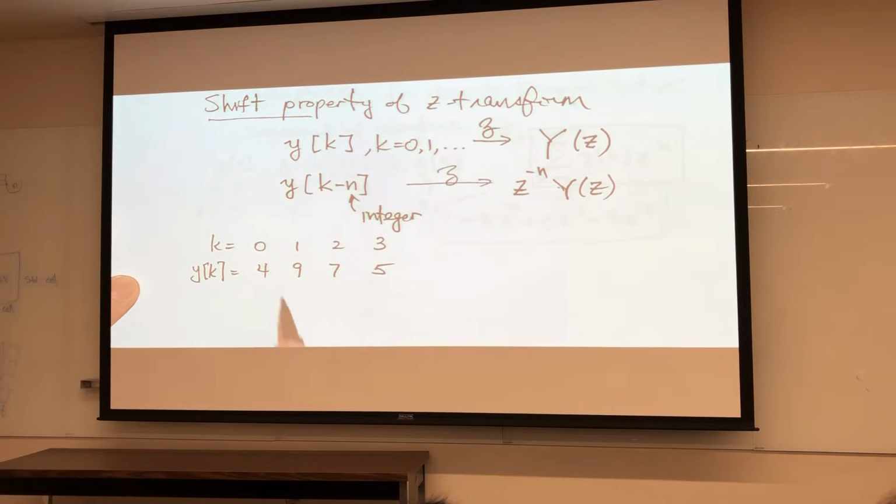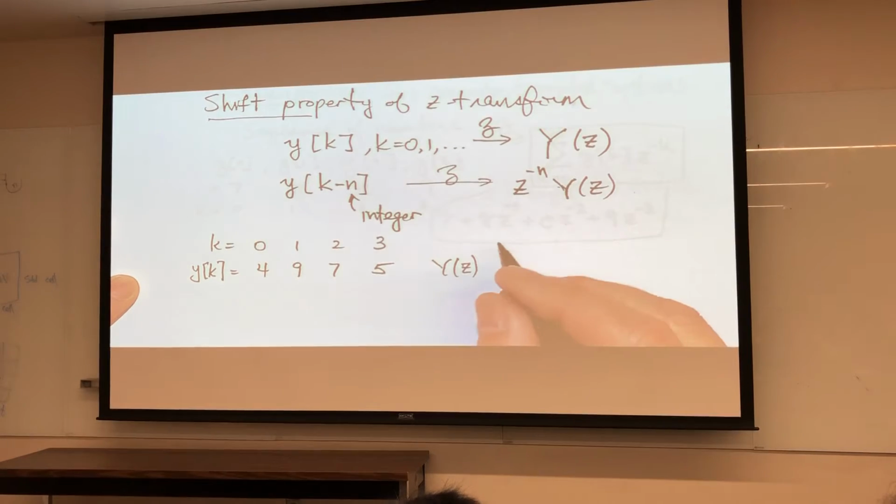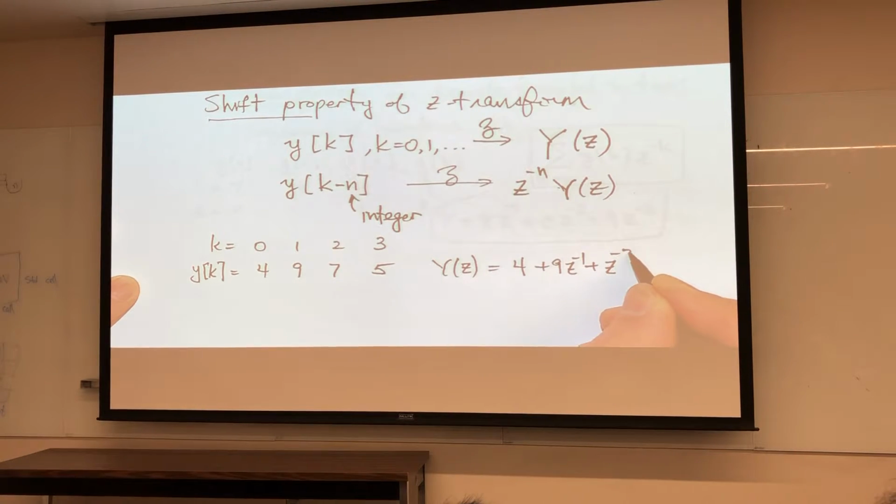Okay? These are the values. Then here, Y of z is going to be equal to 4 plus 9 z to the minus 1 plus 7 z to the minus 2 plus 5 z to the minus 3.